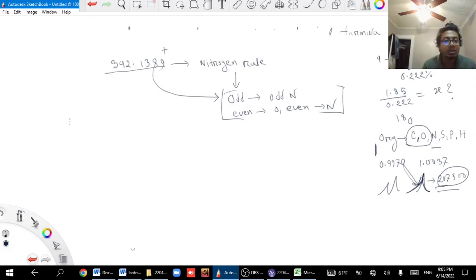If this is like 3894.1890, then this number is odd and it will apply the even rule of nitrogen. So this is the tricky way to apply the nitrogen rule, and you can easily detect the most possible or best fit for your mass. You will find the chemical formula of that mass.